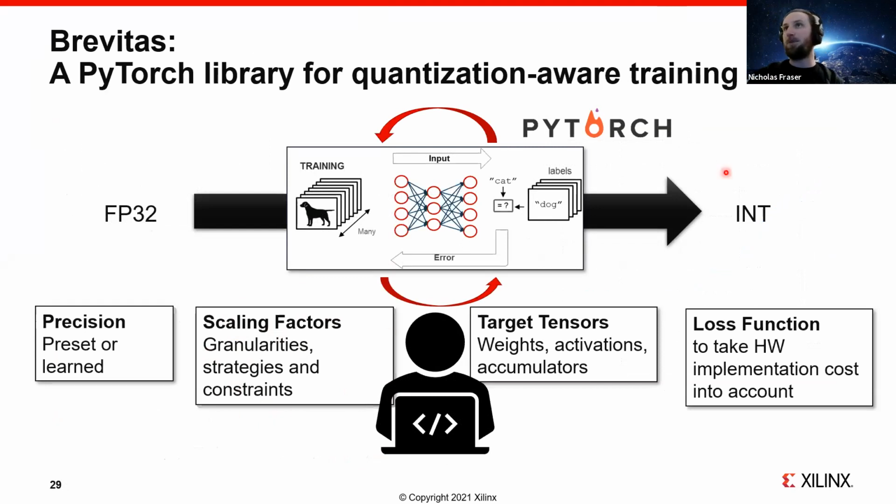And finally, it also provides a bunch of loss functions that you can use for some of the techniques that we're going to talk about later, so that you can actually take the implementation cost function, like the one that I showed before with these models about accuracy, throughput, trade-offs, into account when we're actually training our neural network.